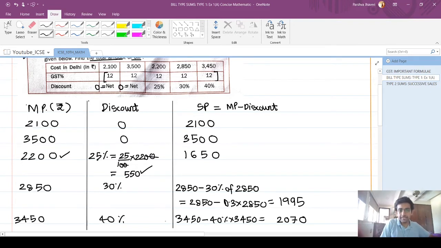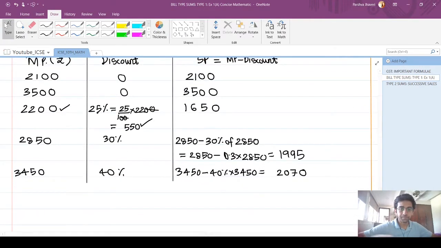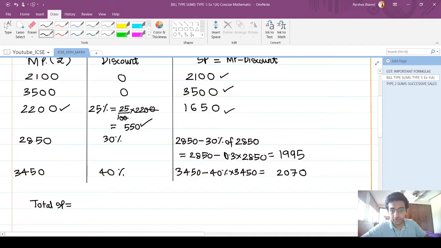Now your sum is not over here, but you can say the major part is done. Now all we have to do is find the total SP. The total SP is nothing but you add these values: 2100 plus 3500 plus 1650 plus 1995 plus 2070.